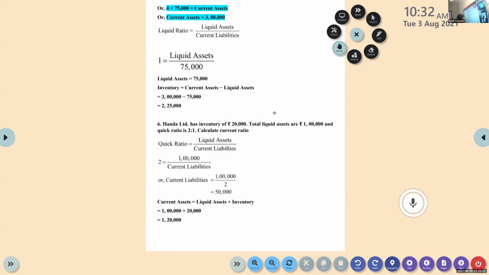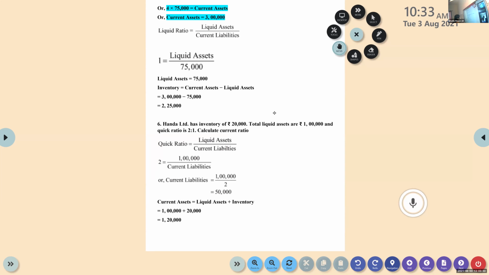So just write what is the formula of quick ratio and find out current liabilities. Quick ratio is equal to liquid assets by current liabilities. Quick ratio is given to you 2:1. That means 2 by 1 is equal to liquid assets 1 lakh divided by current liability.